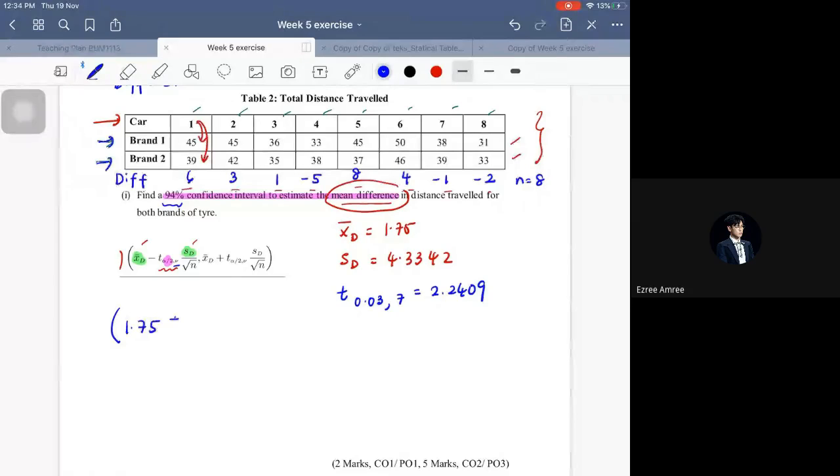So I'm going to put plus or minus because I don't want to write them separately. I'm too lazy to do that. So I'm just going to put plus and minus. And t is given by 2.2409. So my standard deviation is going to be 4.3342. And that is going to be over square root of 8 because our value of n is equal to 8.